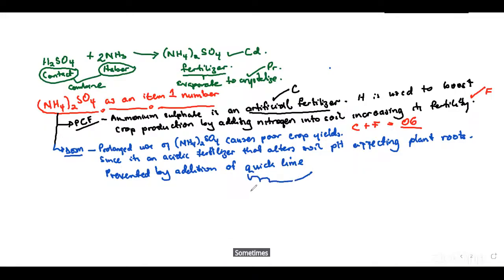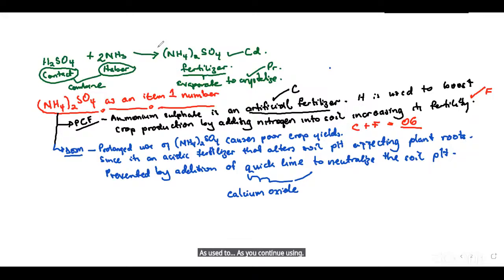Sometimes learners want chemical names: calcium oxide to neutralize the soil pH as you continue using the fertilizer.